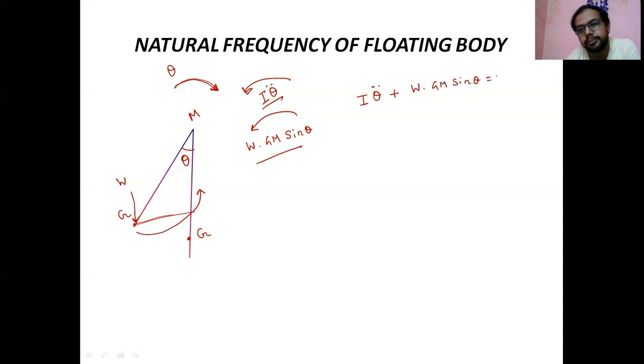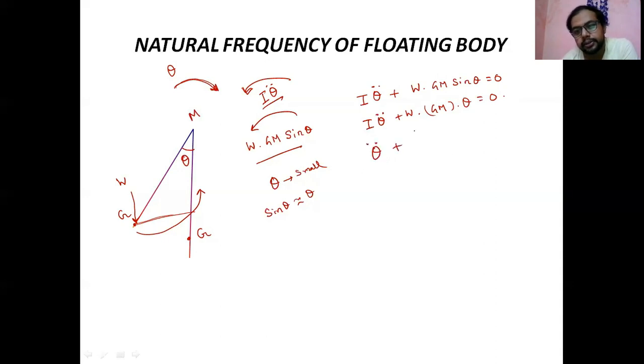If you remember the vibration portion, it is like that. And theta is considered small, so sine theta equals theta. So I theta double dot plus W into GM into theta is equal to 0. So theta double dot plus W into GM by I times theta equals 0.